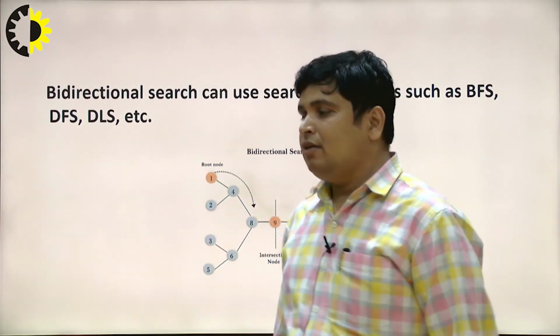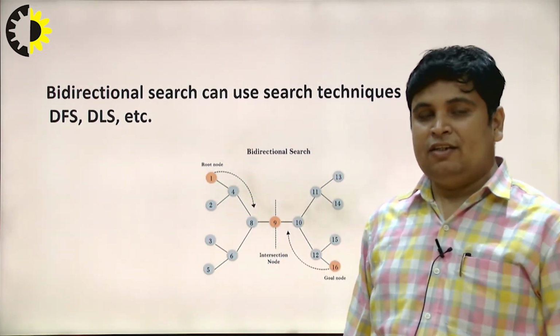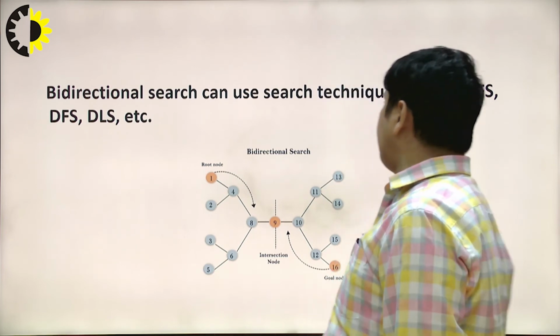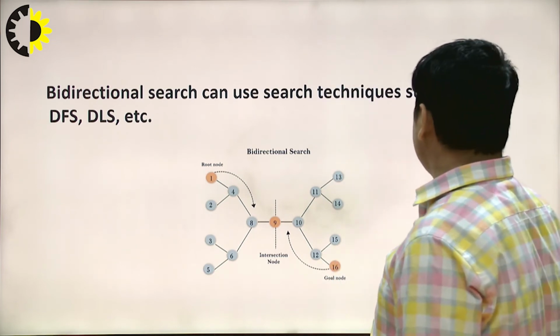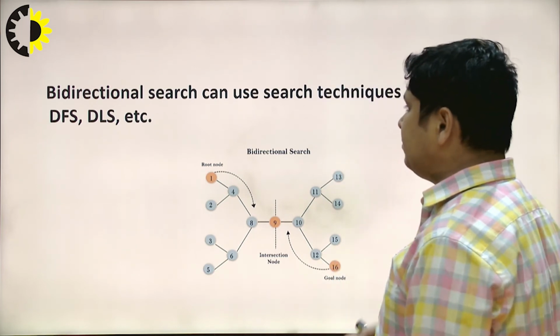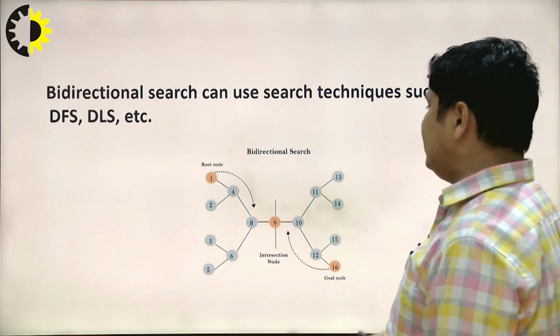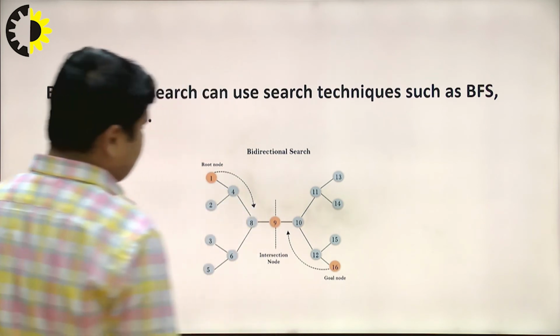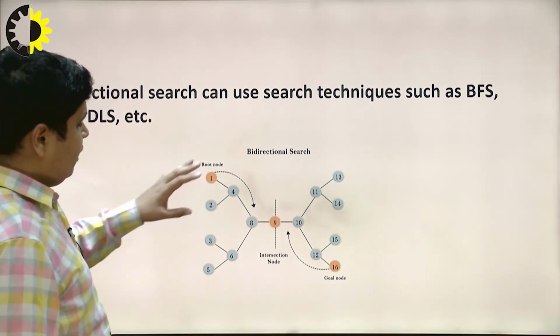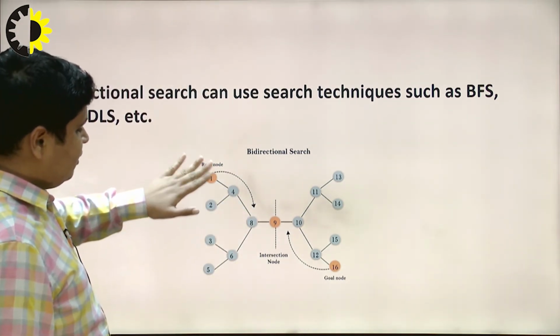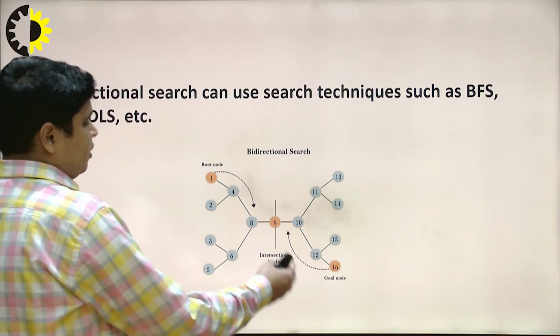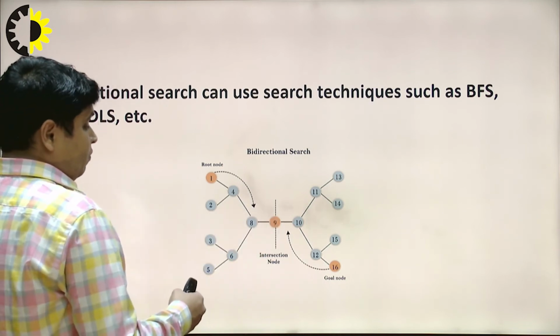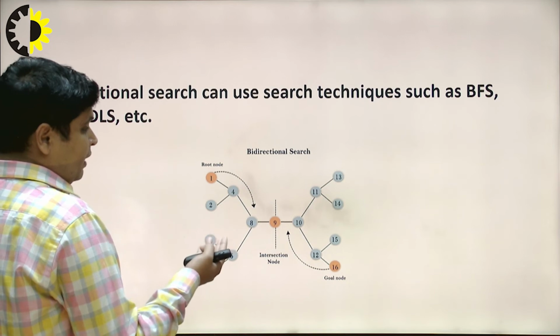Second thing, bidirectional search can use any type of searching algorithm, like BFS (breadth first search), depth first search, and depth limited search. You will see here inside this tree, we are going to start from this location and from this location. Inside this we can find our goal state.